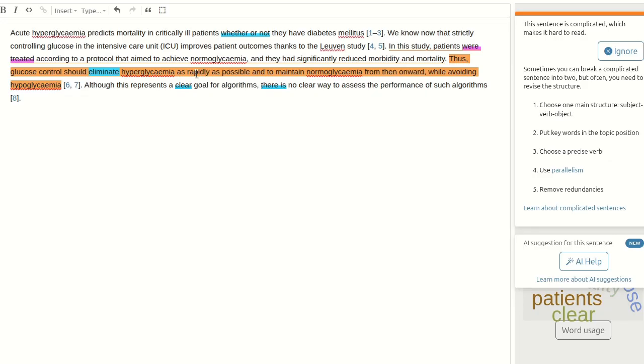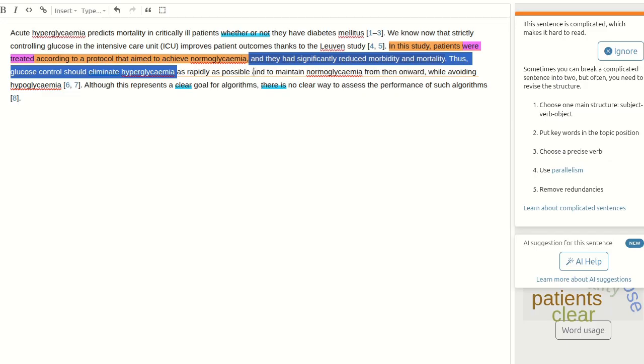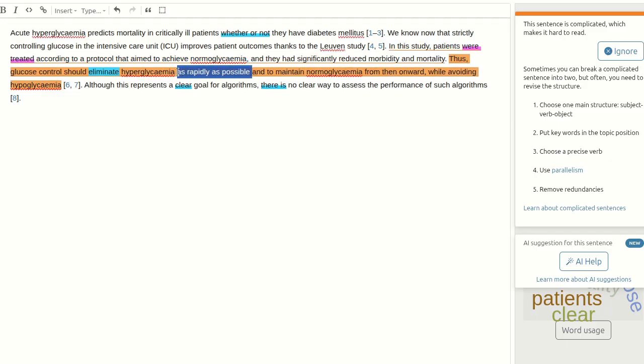hyperglycemia and here we can remove "as rapidly as possible." In discussion with the writer, that was unnecessary. And maintain normal glycemia. We can remove "from then onward" while avoiding hypoglycemia.